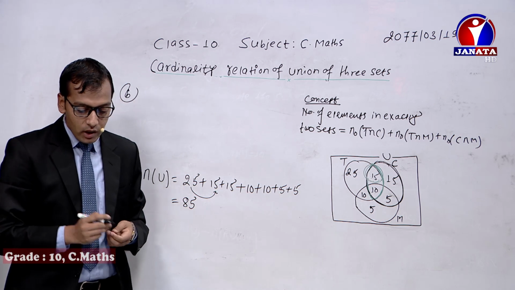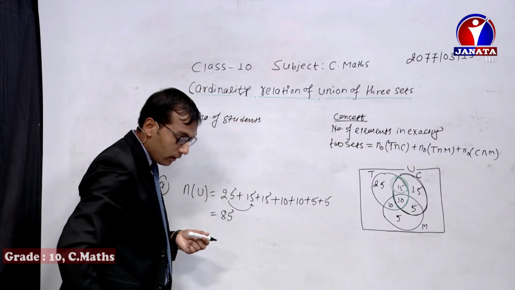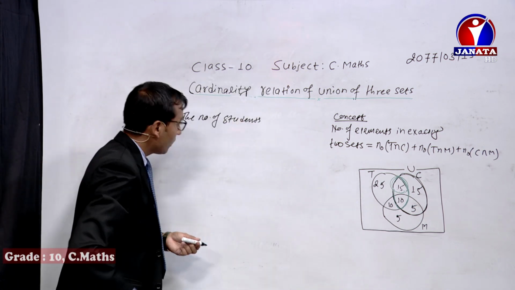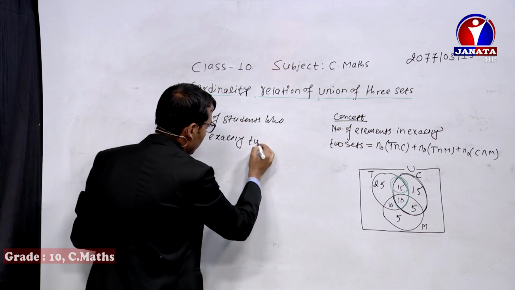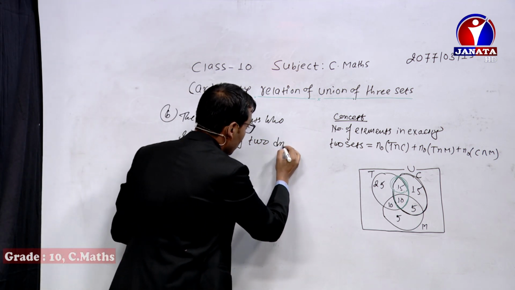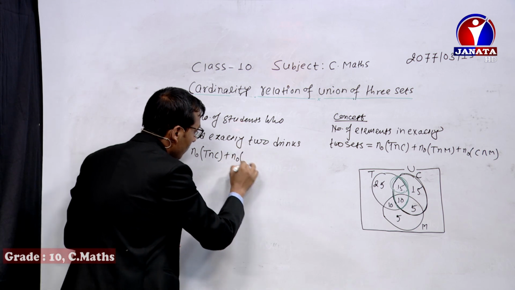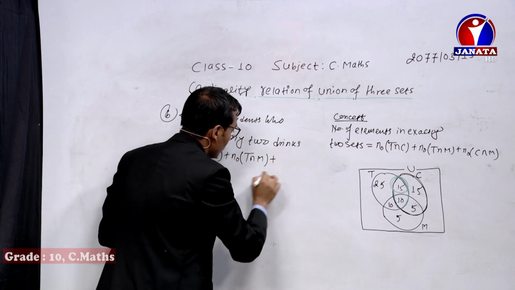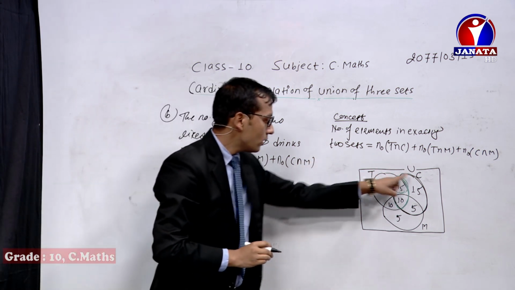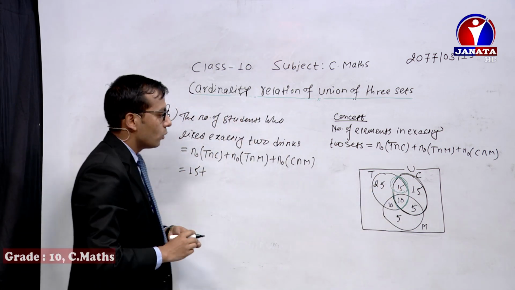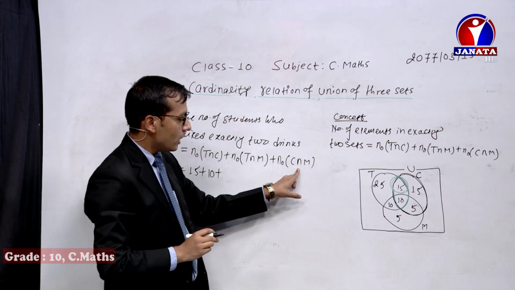So for part B, how many students liked exactly 2 drinks? The number of students who liked exactly 2 drinks is equal to only T intersection C plus only T intersection M plus only C intersection M. T intersection C only is 15, plus T intersection M only is 10, plus C intersection M only is 5.